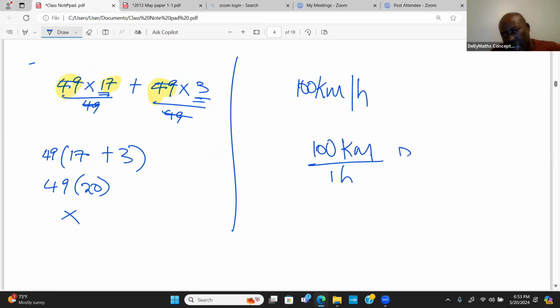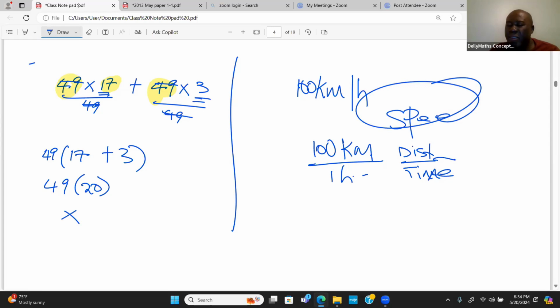Kilo, distance. Hour, time. I'm just telling you that in mathematics, the units show you what it is dealing with. Distance over time is called speed. So that's the formula for speed.